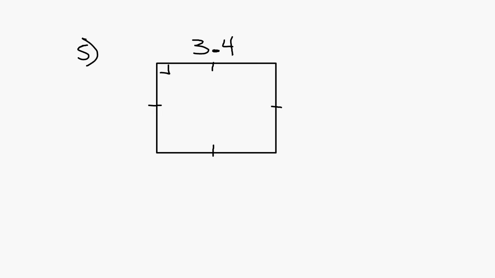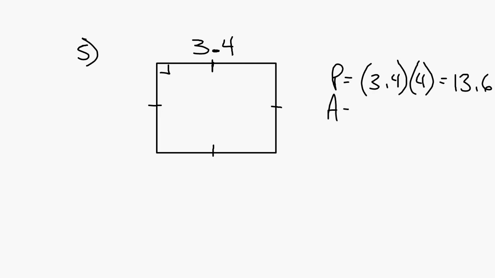So the perimeter equals 3.4 times 4. And 3.4 times 4 is 13.6. And the area is equal to one of the sides squared. It's a square, so 3.4 squared. And 3.4 squared is 11.6.